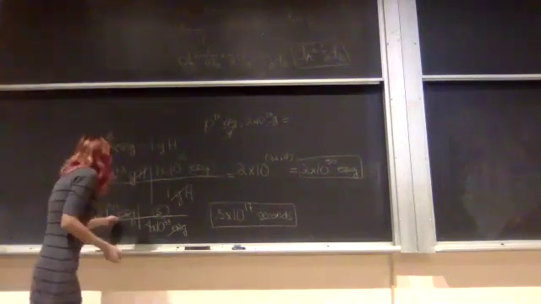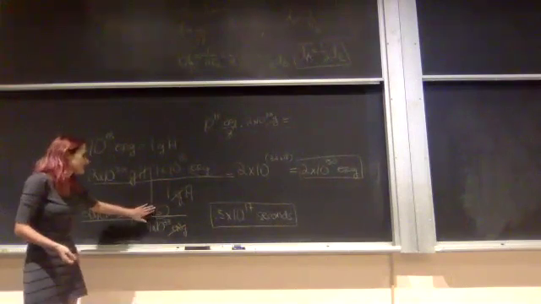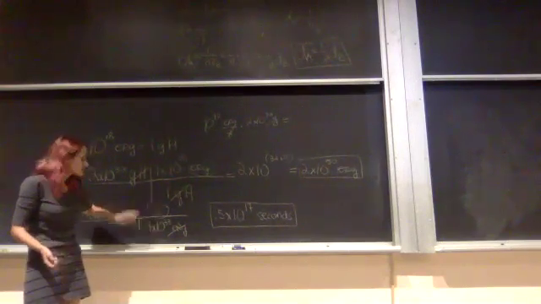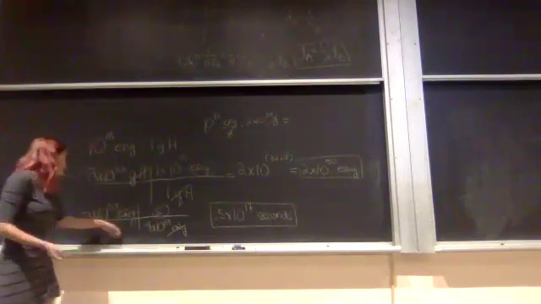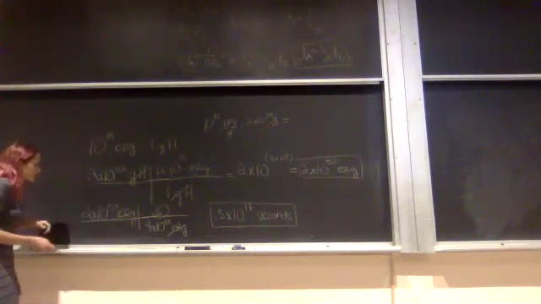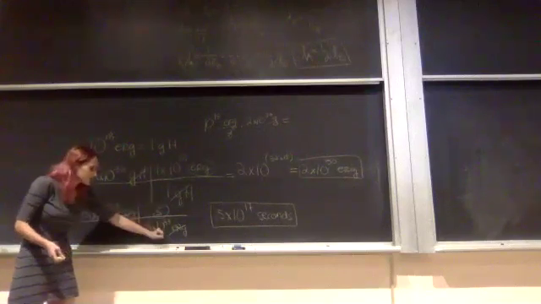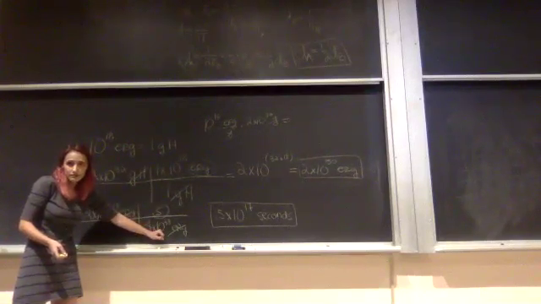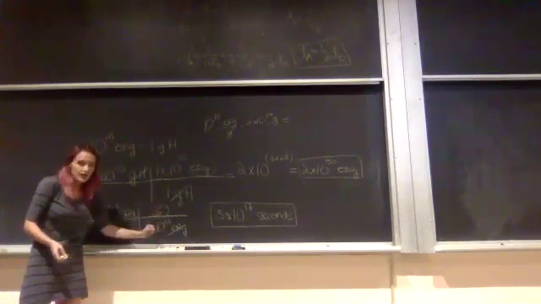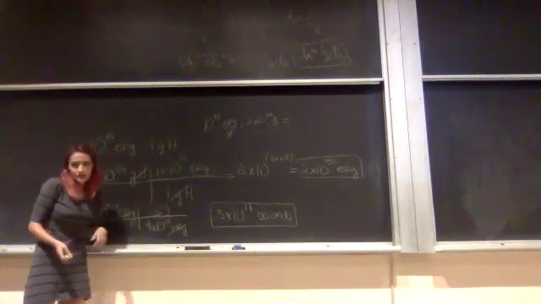Right here. So you want to set it up in a way that you get seconds out in the end. Right? So if I had put it on bottom, then I would put ergs up on top here, right? And I would put seconds down on here. And then when I look at my units, I've got 1 over seconds for my final units.